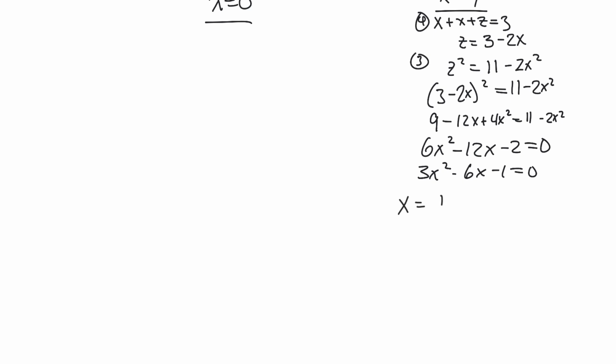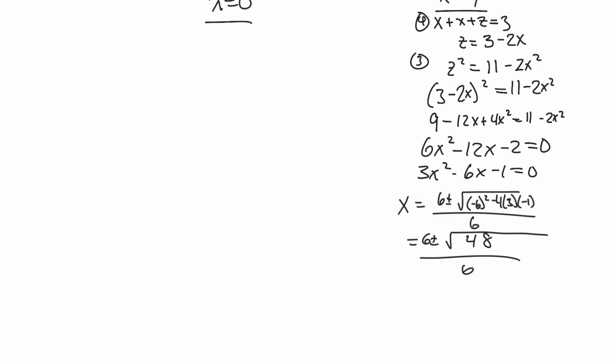So x is going to be 6 plus or minus the square root of negative 6 squared minus 4 times 3 times negative 1, all over 6. So 6 plus or minus the square root of 48 over 6.